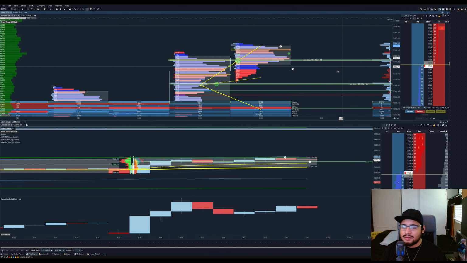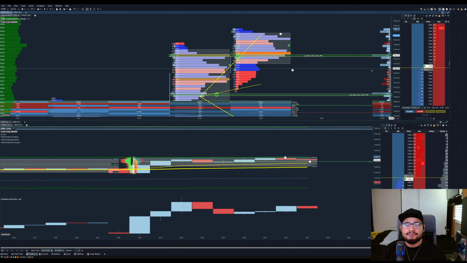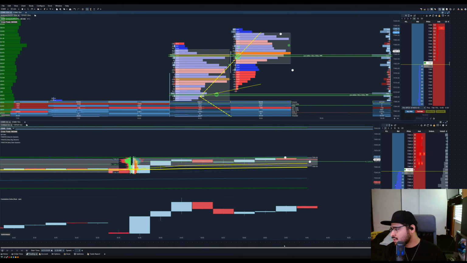I'm probably going to wait the next 13 minutes to see how the top of this candle plays out. But I don't hate a long here. Risking 30. Let's see, how much am I able to risk? Okay. One second.